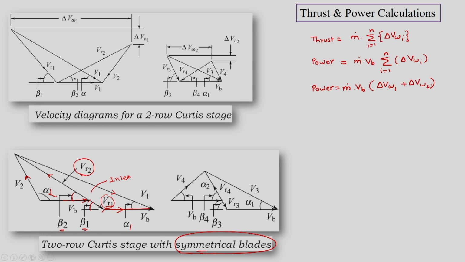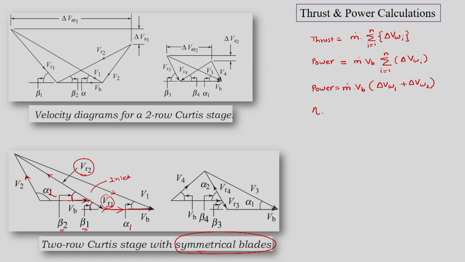We have defined VW as the tangential velocity, and delta VW means change in tangential velocity. So thrust is the force, which is the change in angular momentum or change in tangential momentum. This is the formula for us.